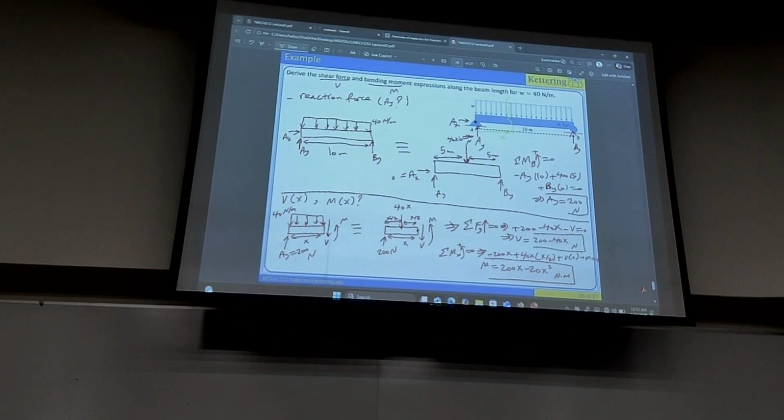You plug x equal to 5 into V. So you take 200 minus 40 times 5. Whatever that is, 0. Yeah, I'm saying whatever that is. You see that? So basically it gives you the value. Now if I ask what is V at point B, what would you do?